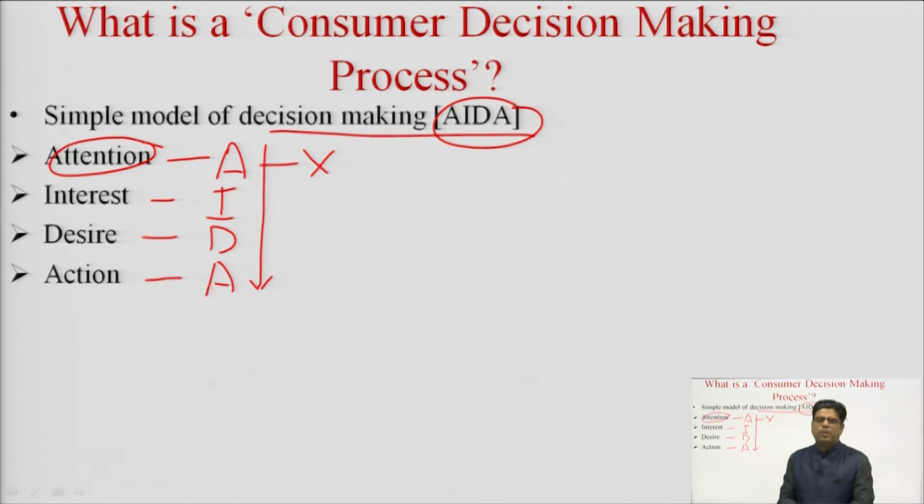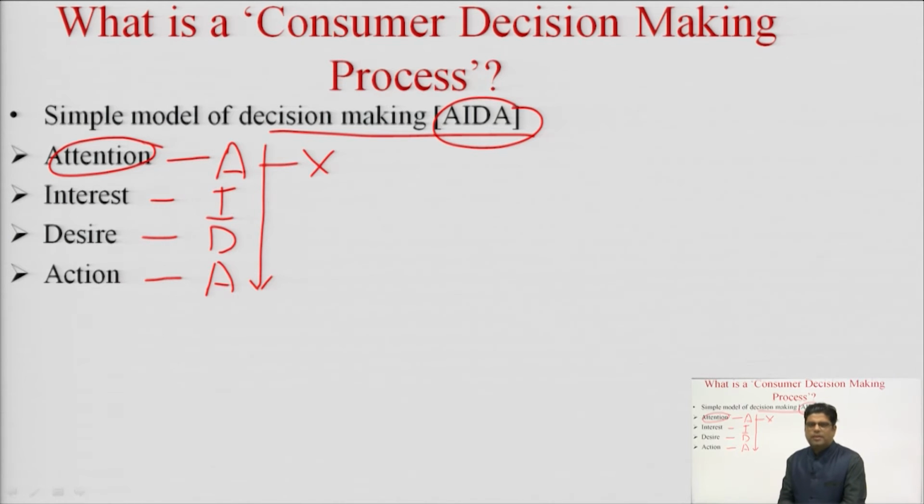So, it is very important for the marketer or the seller to gain the attention of the consumer. In order to gain attention, a lot of marketers offer discounts. There are a lot of promotions and a lot of advertisements done in order to gain the attention of the consumer, because if no attention, then there will be no purchase.